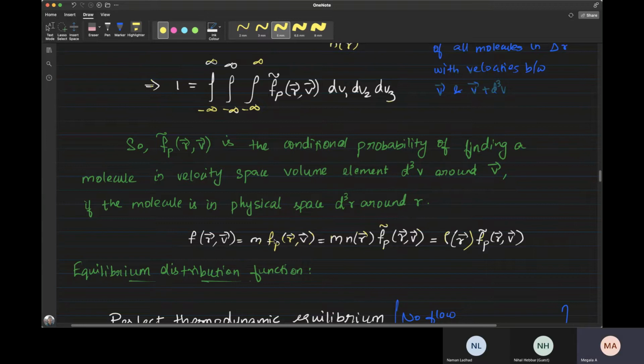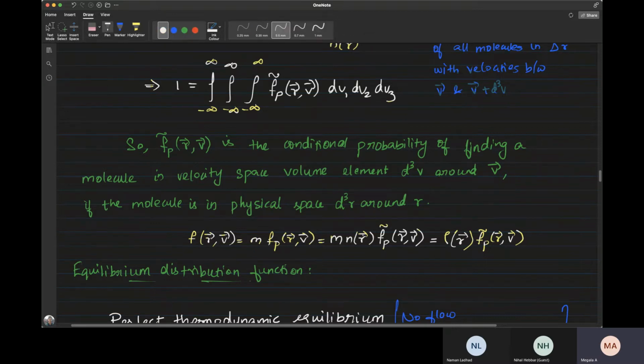And if you multiply that by M, you get the molecular density in phase space, that is F. And this molecular density is also equal to rho into Fp tilde, because the integral of this will give us 1, and the integral of all of this should give us basically density.